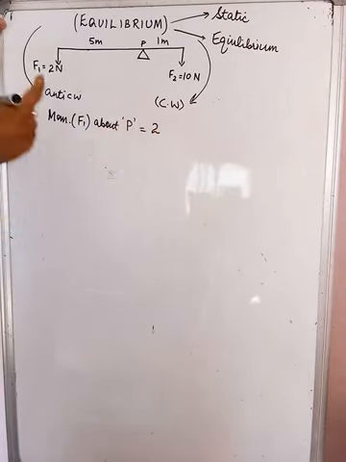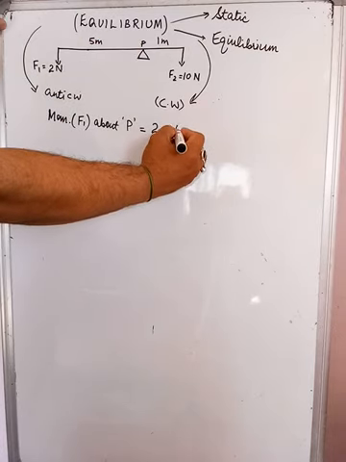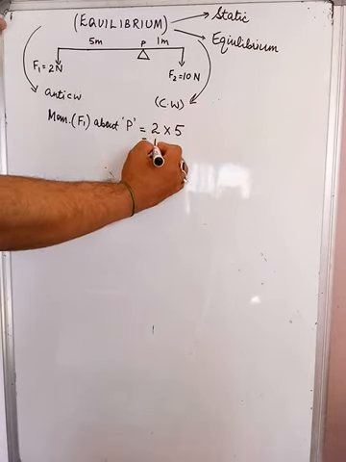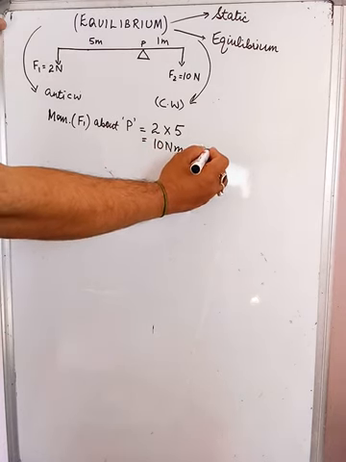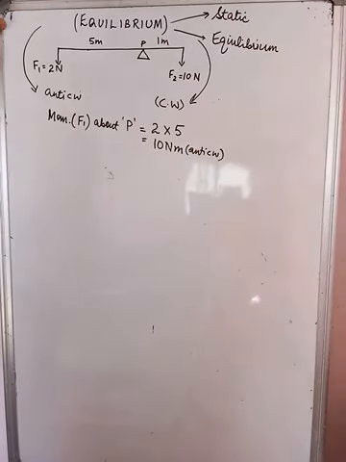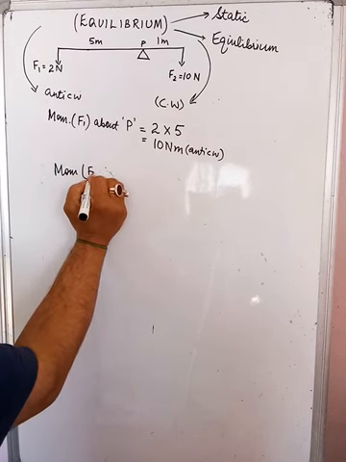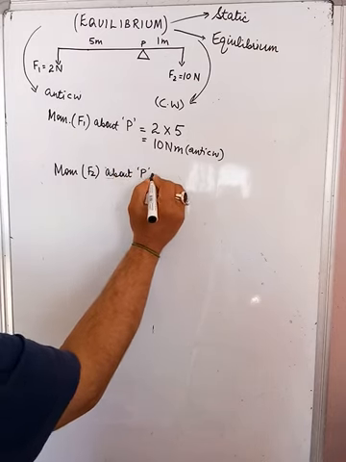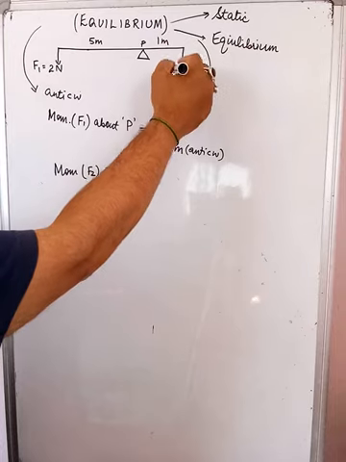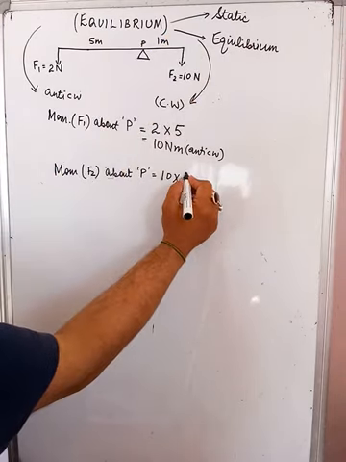So you will have the force value as 2 multiplied by the distance as 5, which gives you 10 Newton meter anti-clockwise as the moment of force F1 about P. Similarly, when you calculate the moment of force F2 about the same pivot P, you will have the F value, which is 10, multiplied by this distance, which is 1.